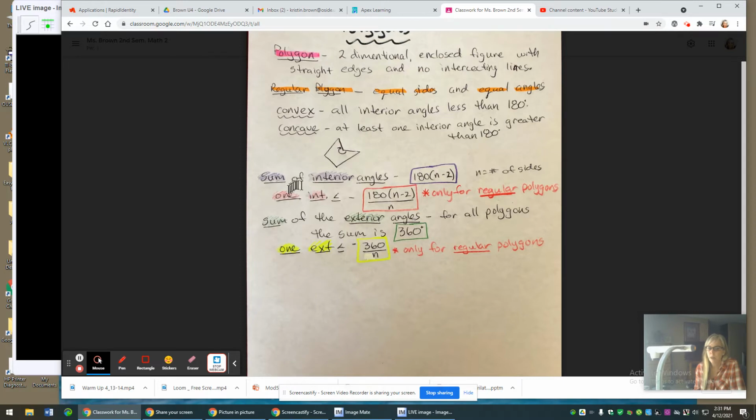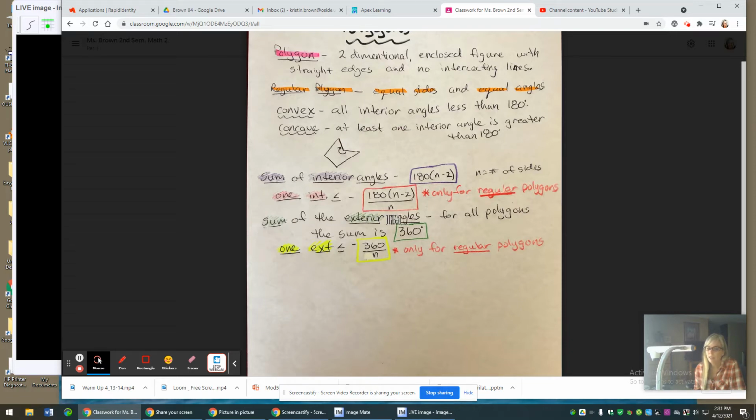If I wanted to find one interior angle, I could do that if it was a regular polygon. I would take the sum of all those interior angles and divide by the number of sides, which makes sense because all of the sides are equal and all of the angles are equal. So if I divide by that number, we're going to get equal measurements for each angle.